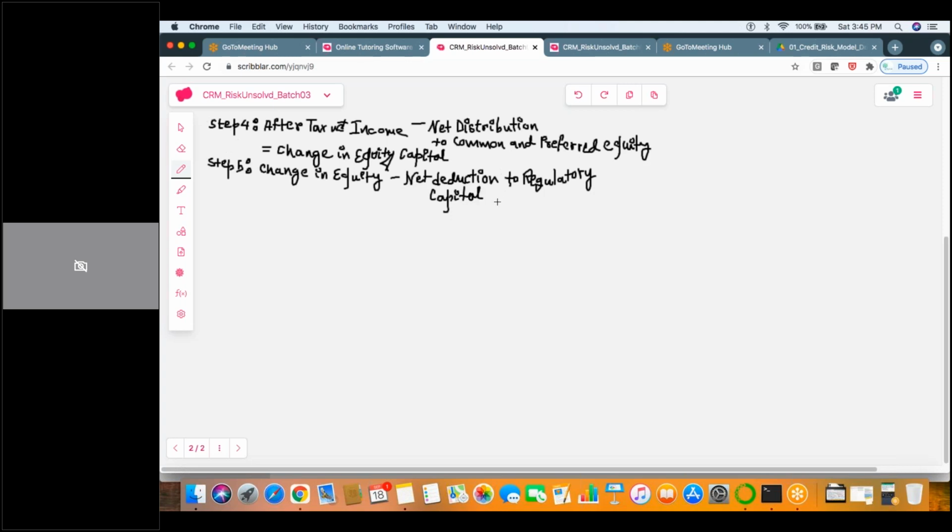So this will give you the final outcome, which is the change in the regulatory capital.